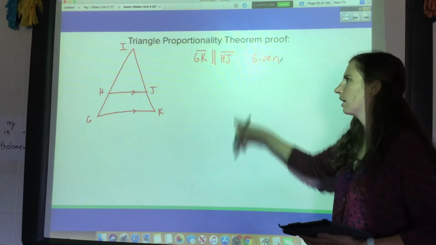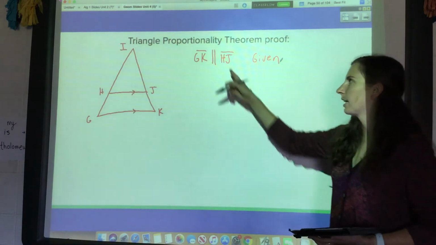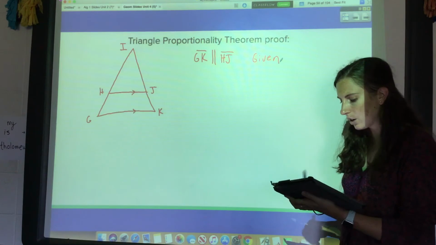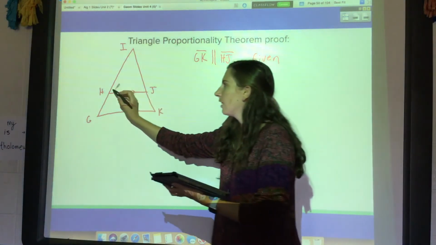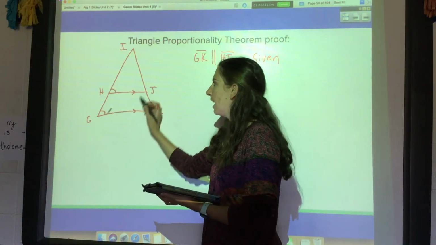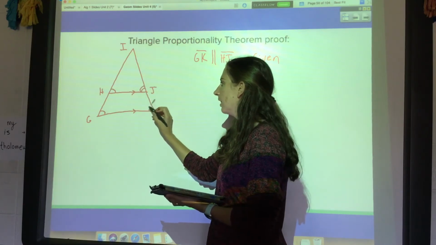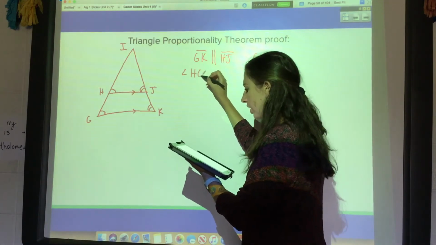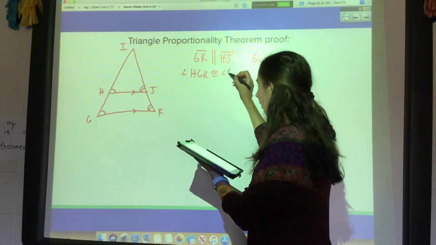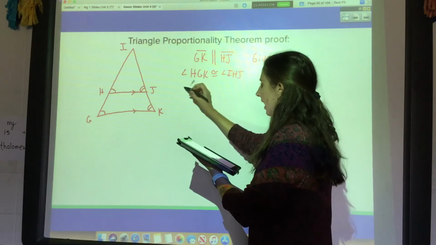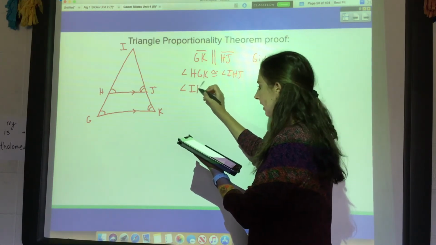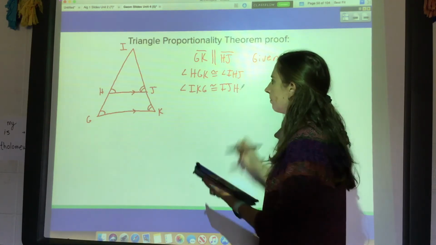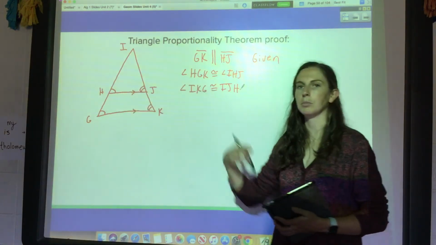This is basically going to be like a 2-column proof, where I'm writing something and the reason for it. I know that this angle is congruent to this one, and this angle is congruent to this one. So I'm going to go ahead and write that out. I know angle HGK is congruent to angle IHJ, and I know angle IKG is congruent to IJH. Again, I'm just saying that, but in symbols.